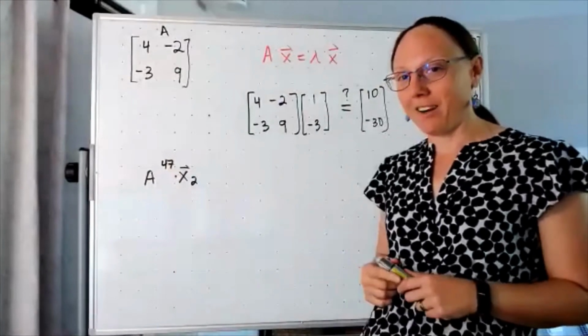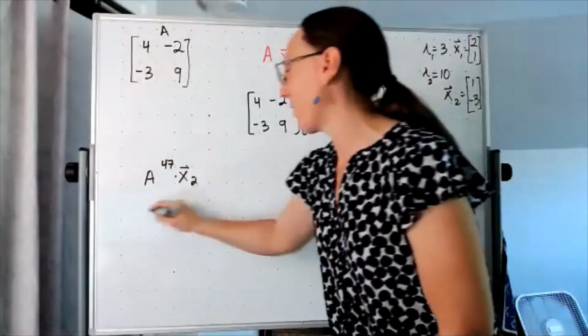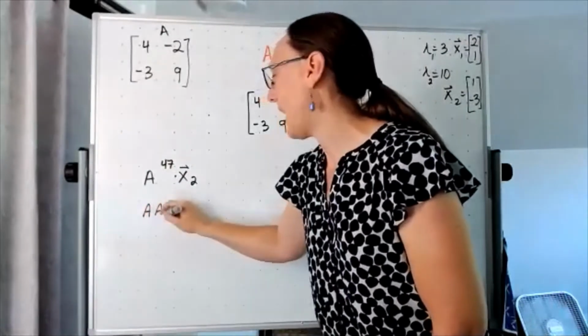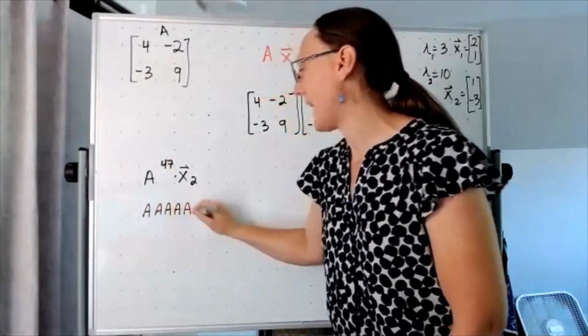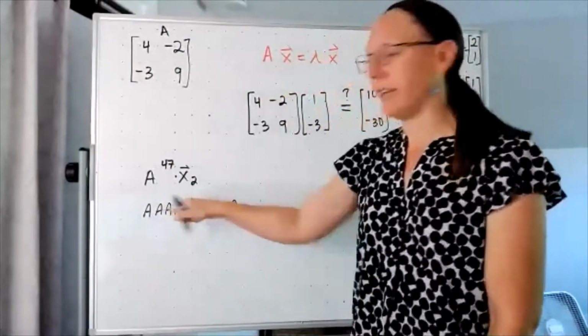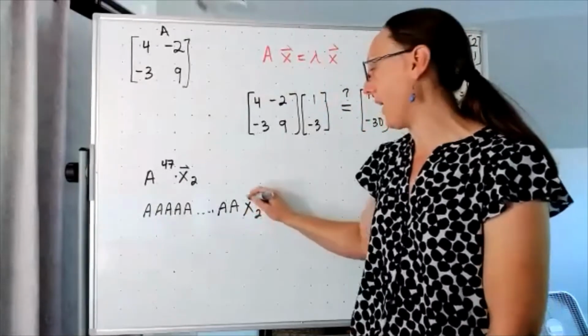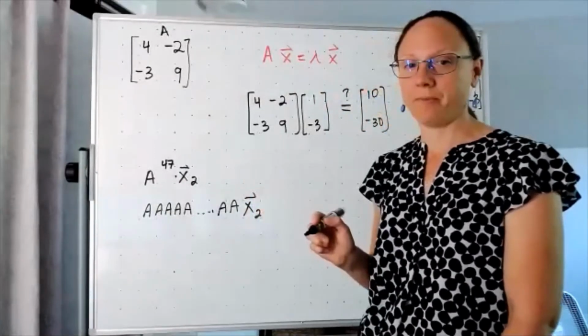So what I'm going to do here is say, okay, well, that A to the 47th, that's A times A times A times A times A, whatever, 47 times. We'll just throw a couple more A's in there, and you know there's 47 of them. And we're multiplying that by x2.